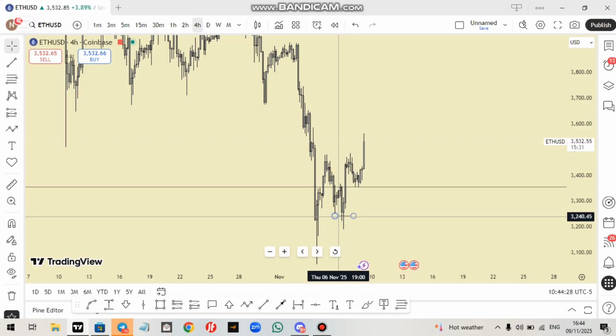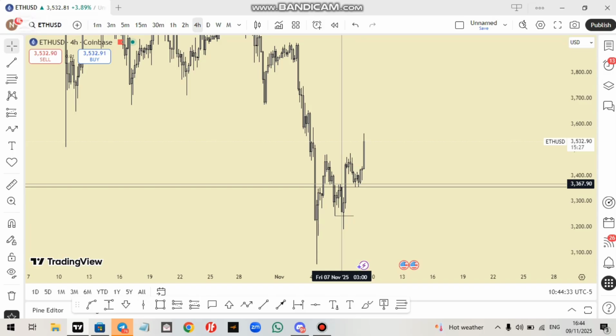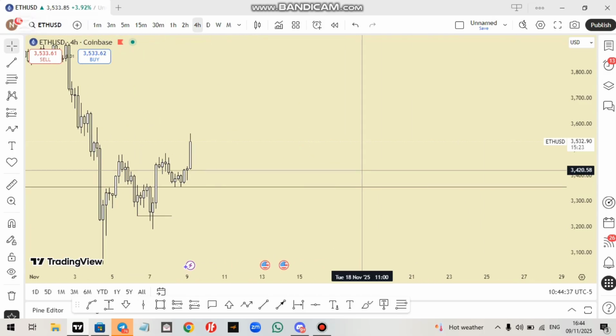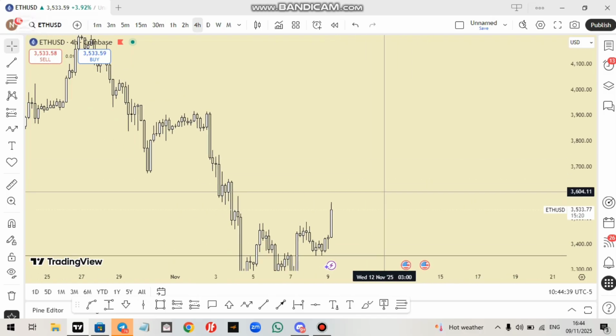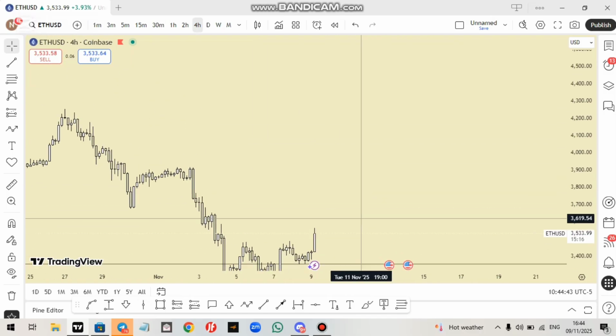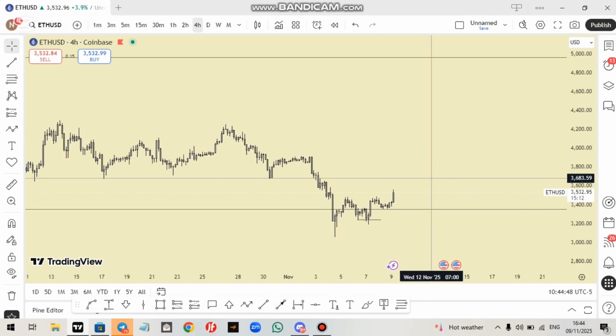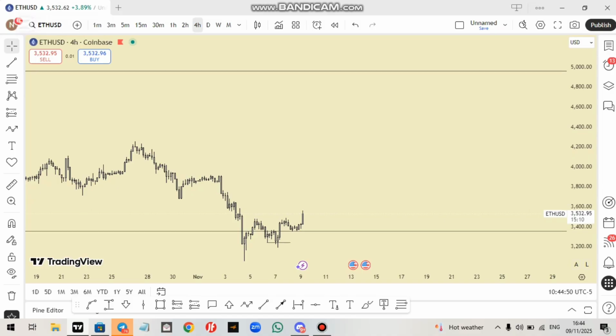This is an old low. Price rejects on the low and breaks above, which gives you more momentum to take a buy in this certain trade. So we have a long-term buy on Ethereum. This pair alone is okay for you.